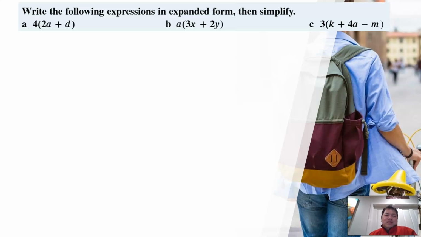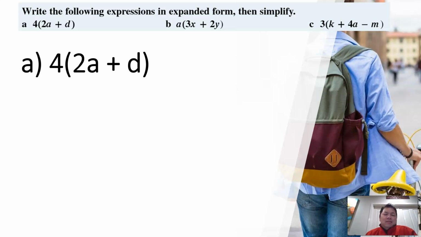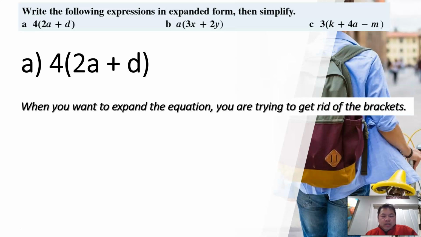So, next one is a little bit more difficult. I think we have not done this before. This is something new. I'll spend slightly more time on it. Whenever you need to expand, the objective is to get rid of the brackets. So how do you get rid of the brackets? You just need to do the expansion. So how do you expand?